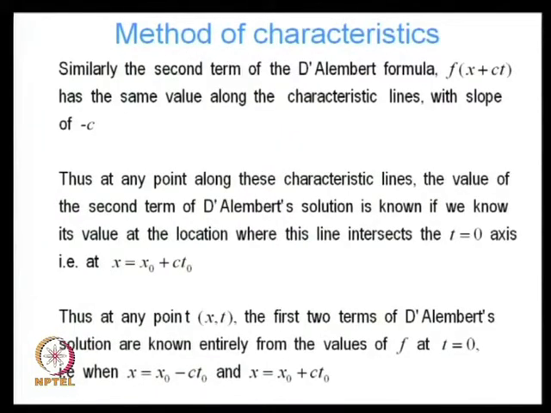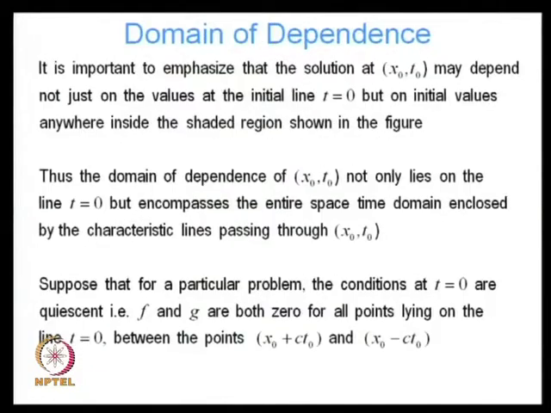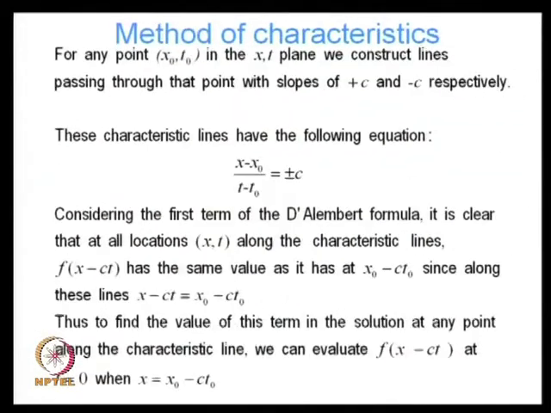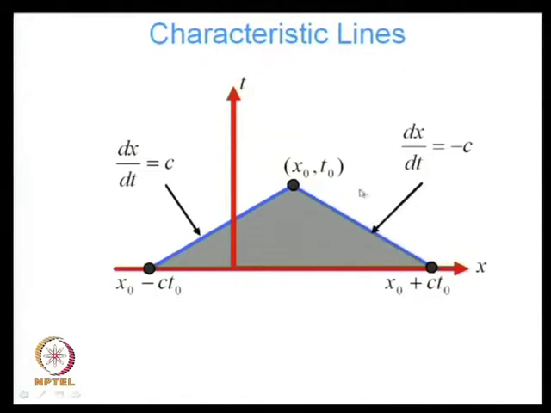Similarly, the second term of the D'Alembert equation, f of x plus c t, has the same value along the characteristic lines with slope of minus c. If I look at phi and the part of phi given by f of x plus c t, that part is going to be the same here, here, here, everywhere along this line.